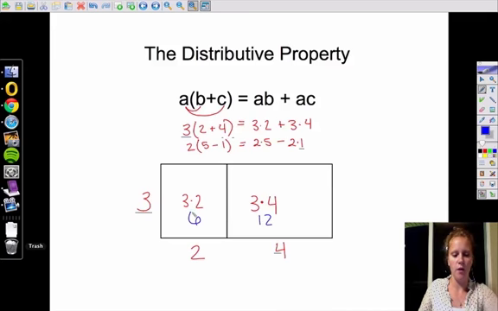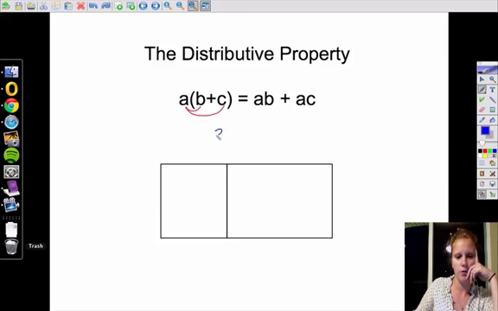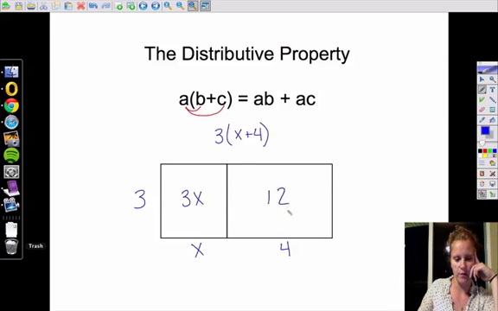Okay, so what we're going to do is we're going to look at all of this with variables, okay, with letters in our expressions. So what if we had 3 times x plus 4, okay? And that would look, if we set it up on the diagram, 3 times x plus 4, well, the area of this box would be 3x, and the area of this box would still be 12, okay?